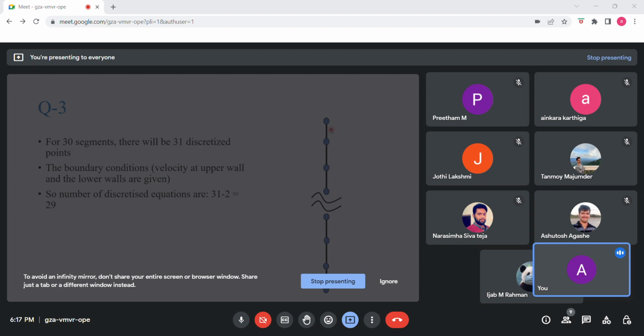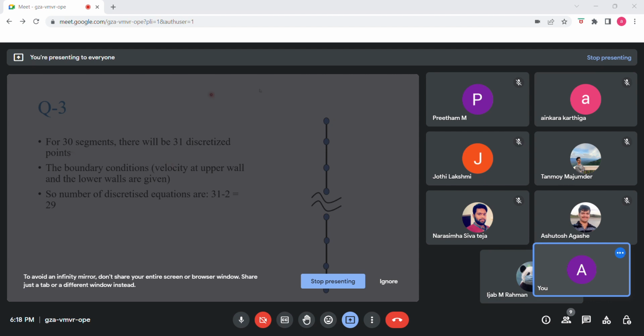With 3 segments, we have 4 discretized points, and we know the values at the top and the bottom. So the boundary conditions give us the velocity values at the top and the bottom. The remaining 2 points are left out. So 2 discretized equations are framed for this small system.